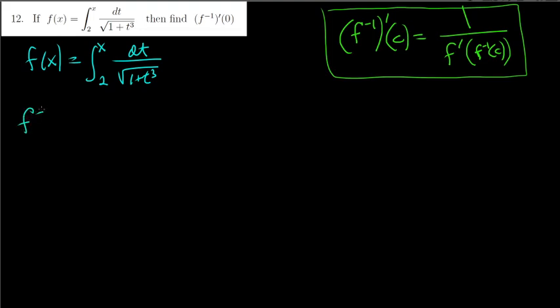And the question is to find the derivative of the inverse at 0. Okay, so what is that value? Unfortunately, I don't think we're going to be able to do this directly. After all, how do you even find the inverse of the function if you don't even know what the function is?